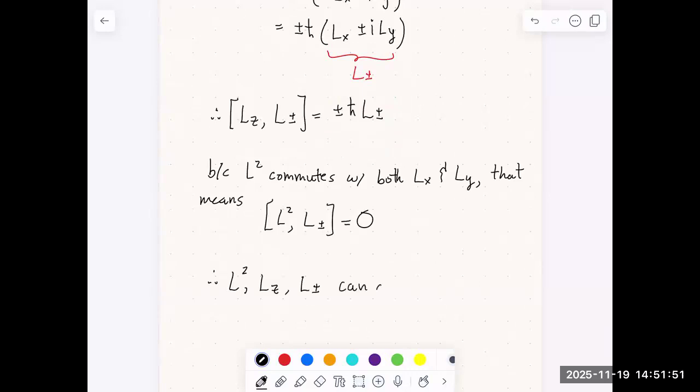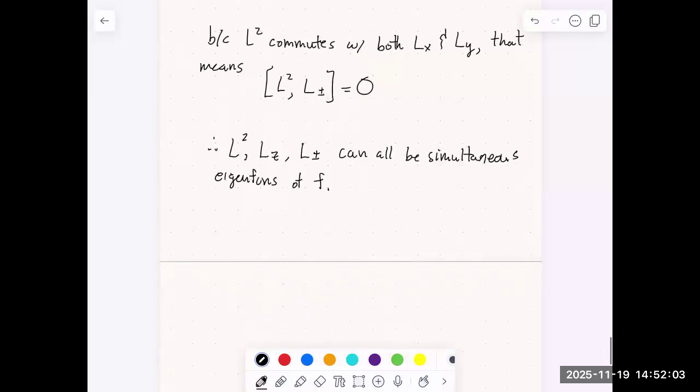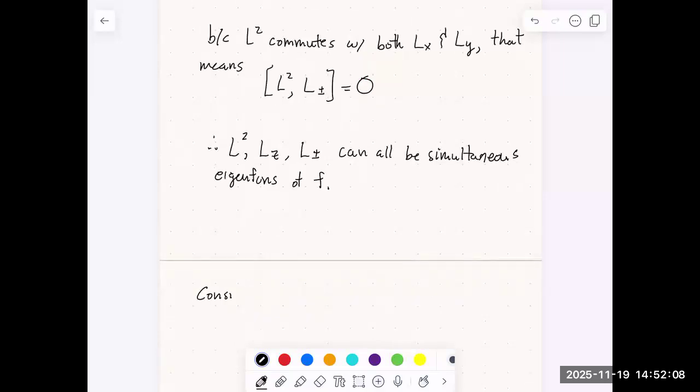And so these can all be simultaneous eigenfunctions of f. So let's consider L squared acting on L plus minus f. Well, what's that going to be equal to?